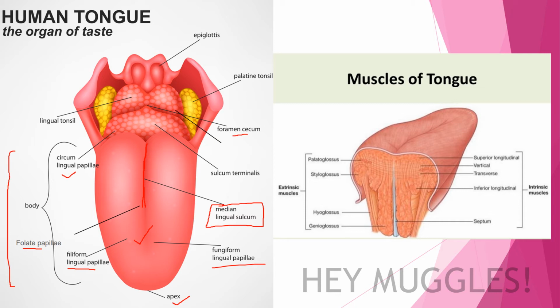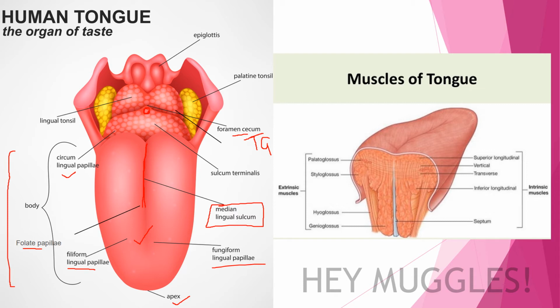So what is the foramen caecum? Foramen caecum is basically a pit, a depression, which is present on the posterior one third of the tongue, and it is the region from where the thyroglossal duct develops and then the thyroid gland is formed, right?